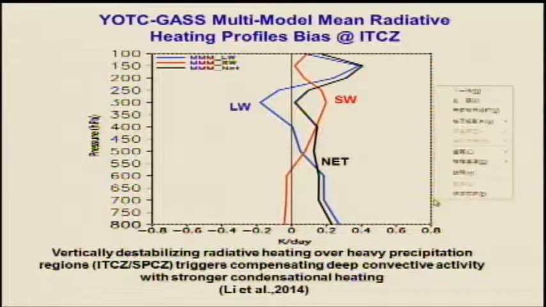Okay? So vertically, there's a destabilizing radiative heating, basically from the longwave part over the heavy precipitation regime, that is ITCZ and SPCZ. And this is going to trigger the compensation of thick convective activity that has a stronger condensational heating.